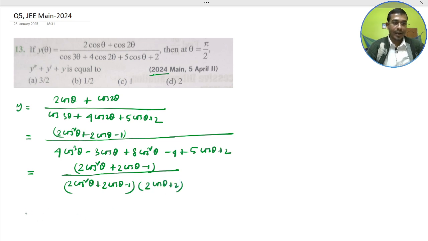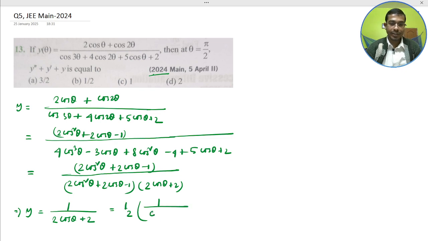Solve this and you would get y equal to 1 by 2 cos theta plus 2, this is cancelled, or this equal to half, common here, 1 divided by cos theta plus 1. 1 plus cos theta means 2 cos square theta by 2, with inverse 2 sec square theta by 2. That means half into half, 1 by 4 sec square theta by 2.